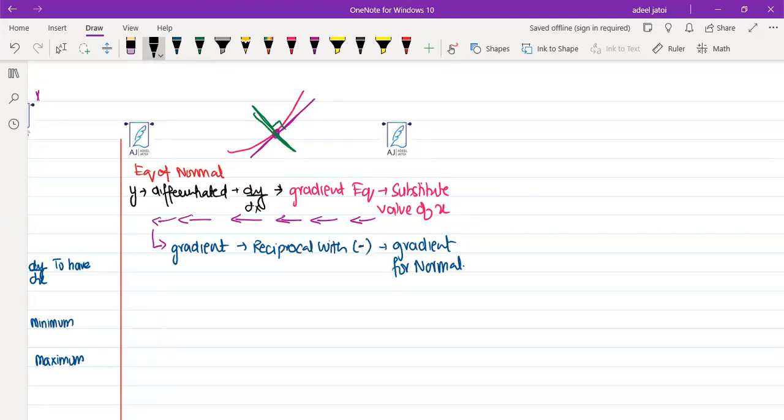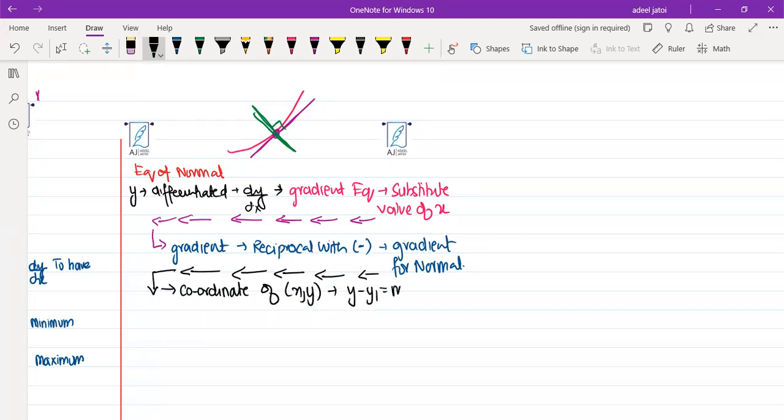Then this gradient of normal and the coordinate of x and y will be used in y minus y1 equals m into x minus x1 to have the equation of normal.